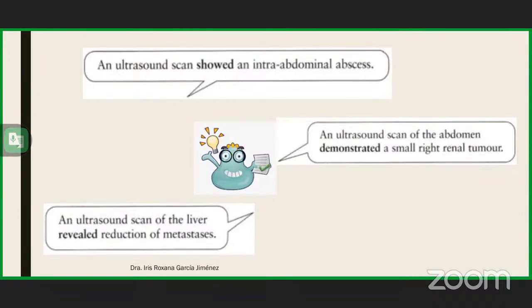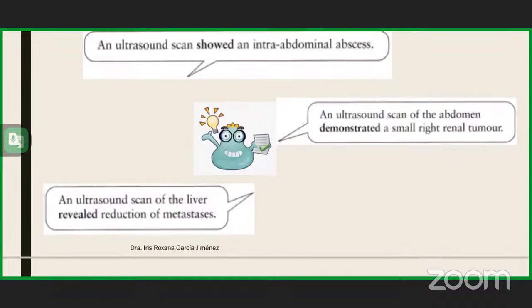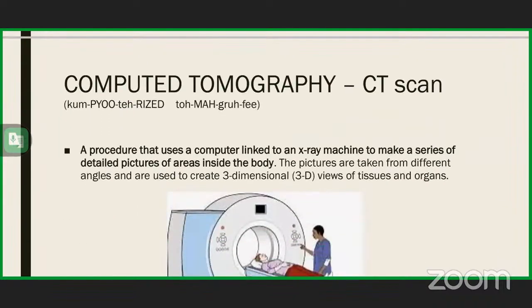Or another word, an ultrasound scan of the liver revealed reduction of metastases. So you have three important words: show, demonstrated, and revealed. All of them are chosen according to the context you are talking about. So let's keep them in mind, okay?